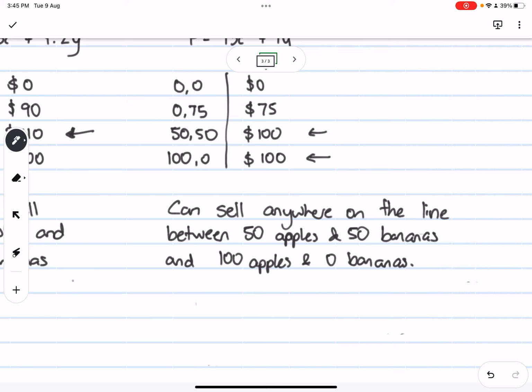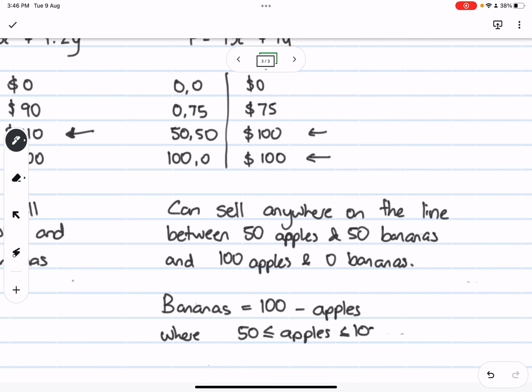To word that slightly more mathematically, the number of bananas needs to be equal to 100 minus the number of apples, because that is the equation of that line that we highlighted, where apples is between 50 and 100. If we were to choose a value of apples of 80, that means our value of bananas would be 20, and that again nicely fits all of our conditions.